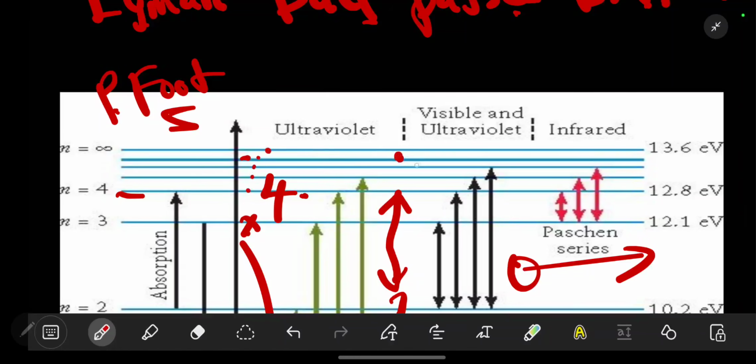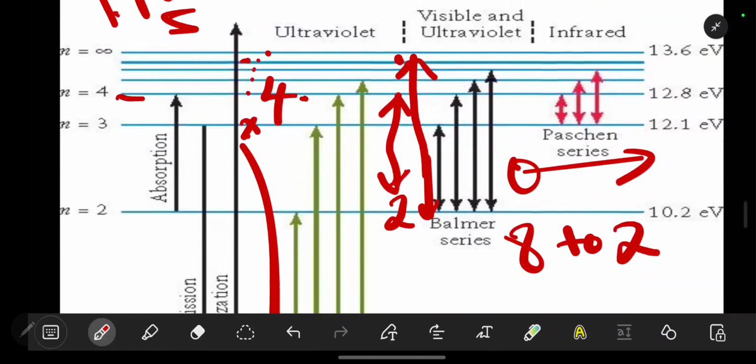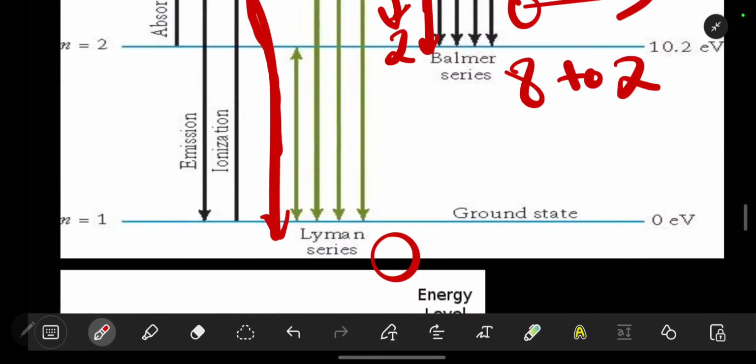It could be number 8 coming to number 2. You might find that from 8 to number 2, it might produce less energy as compared to just, let's say, number 4 to number 1, because of the space like that. So that is the behavior. So that is how you can know them.